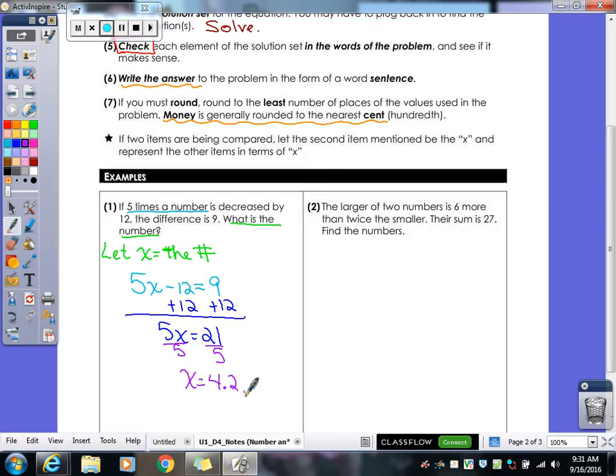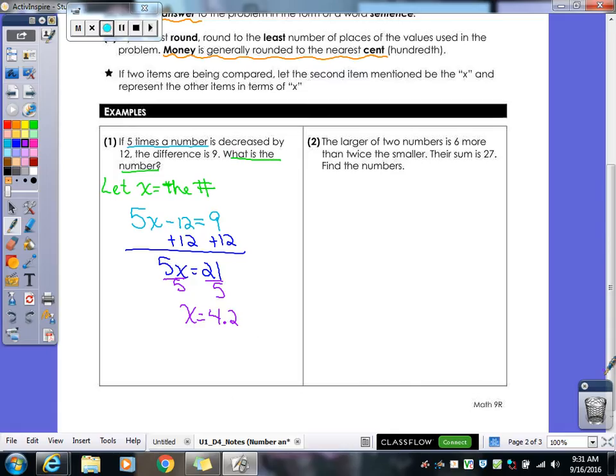Is 4.2 a number? Yep. Because you'd have to be careful. Because what if it told me to find the integer? Is 4.2 an integer? No. So that wouldn't be an answer. But they just told us a number this time, so we're all good to go. So then we can say the number is 4.2.